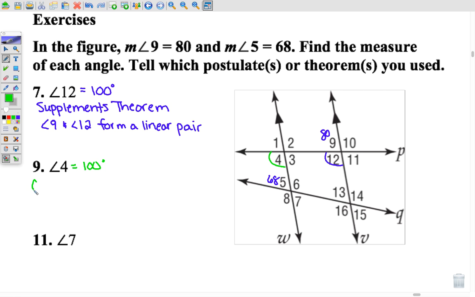And again, that's your corresponding angle postulate. And the two angles we're talking about are angle 4 and angle 12, are corresponding angles.